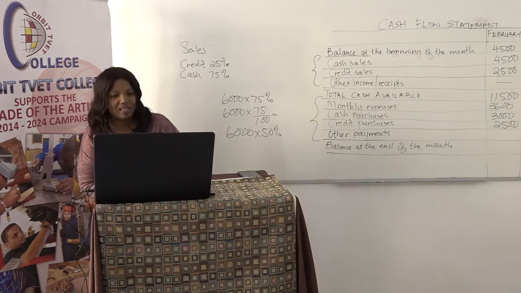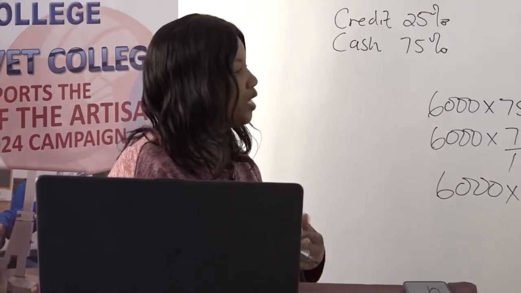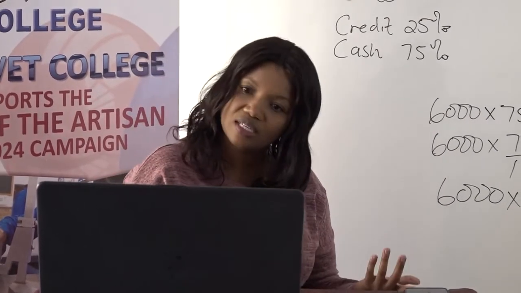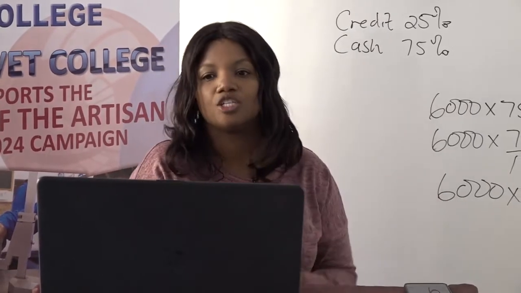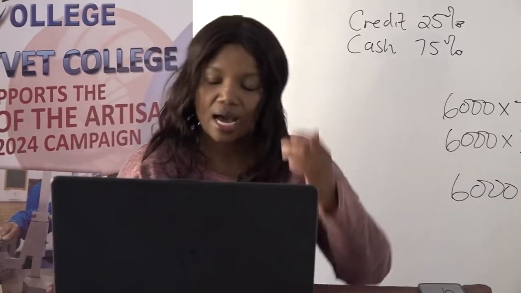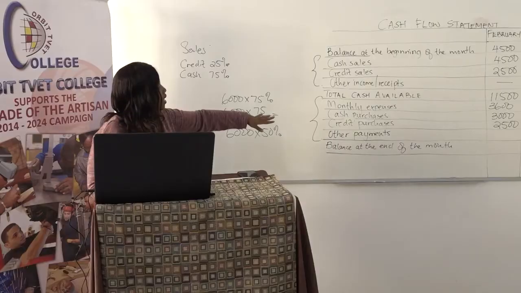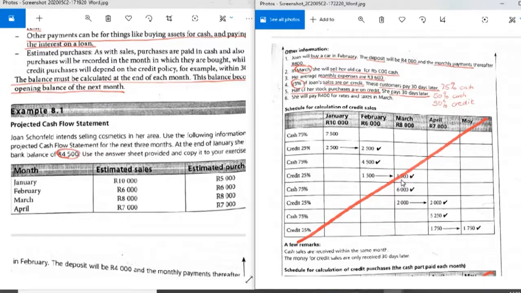Once we have dealt with the purchases, now we can treat other payments. Other payments, we record transactions like deposits, other expenses that were not covered during the calculation of the monthly expenses. Now, when we check our cash flow statement, do we have other payments for the month of February? Yes, transaction number 1. It says John will buy a car in February.